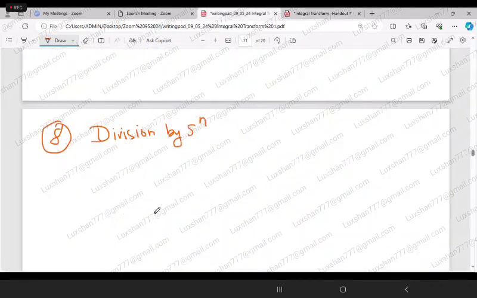Actually, we know that the Laplace transform of the integral from 0 to t of f(u) du.